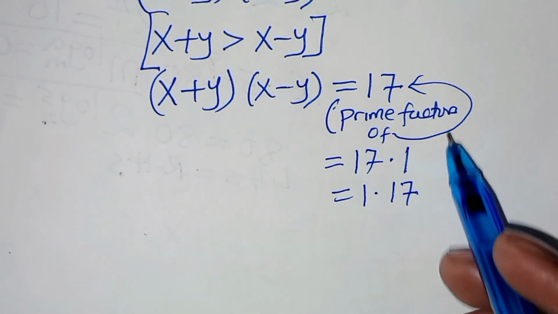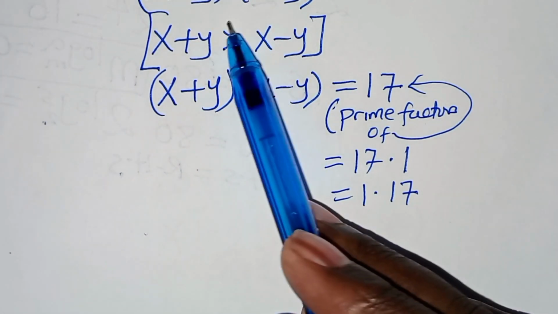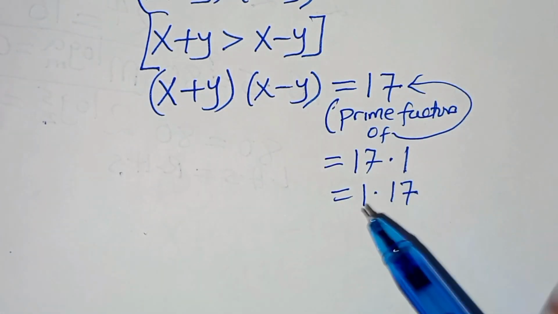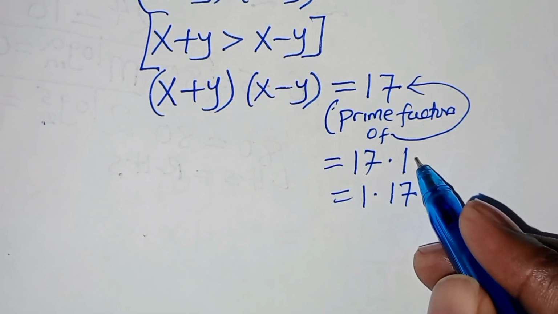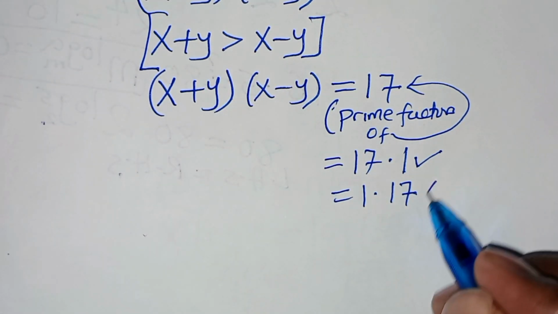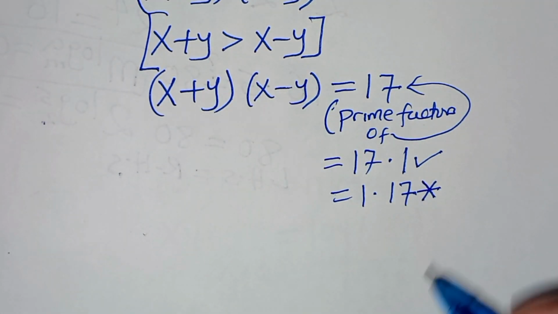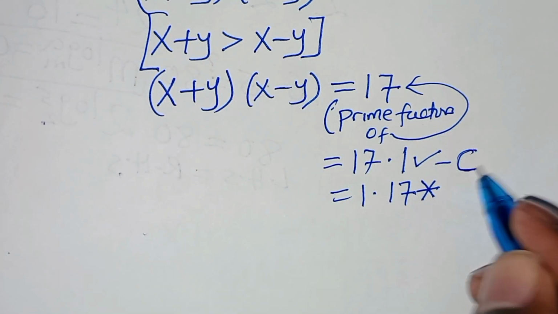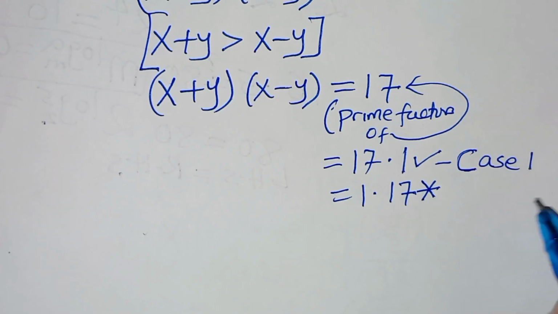Now we have that x plus y is greater than x minus y. So this implies that the first condition satisfies, but the second one does not. So we only have case 1. Let's solve case 1.